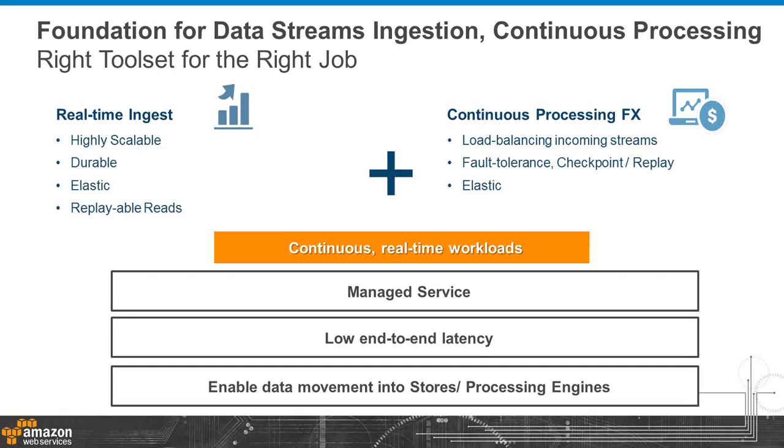And this layer would be elastic as well. Elastic to respond to incoming data streams and scale up or scale down accordingly to preserve the overall latencies of processing. These two components come together to ultimately enable continuous real-time workloads across a variety of scenarios across industry segments, as we discussed earlier.